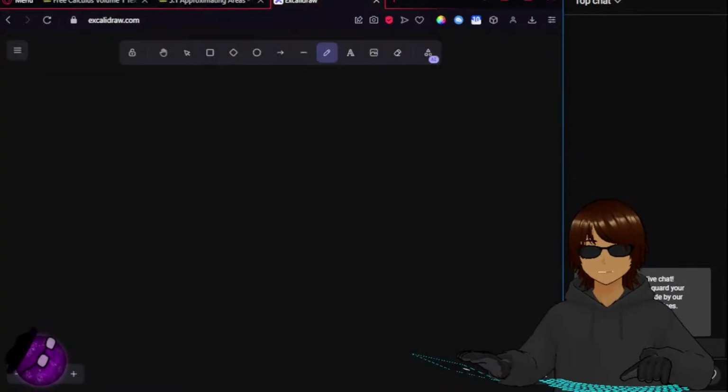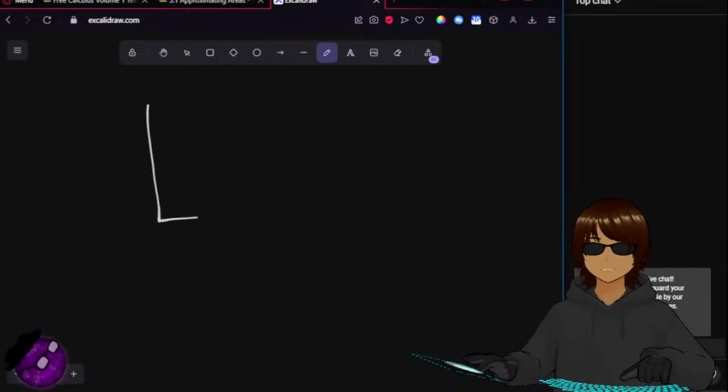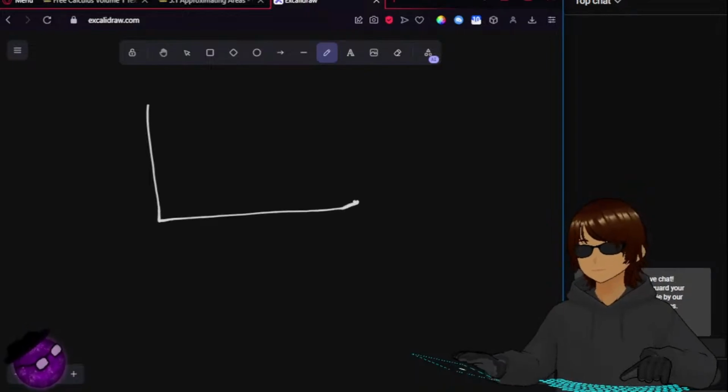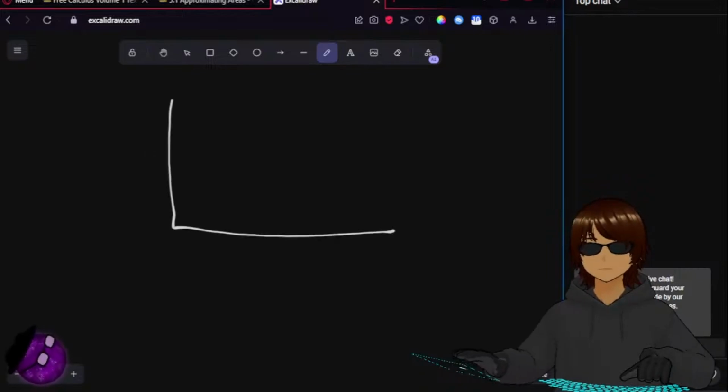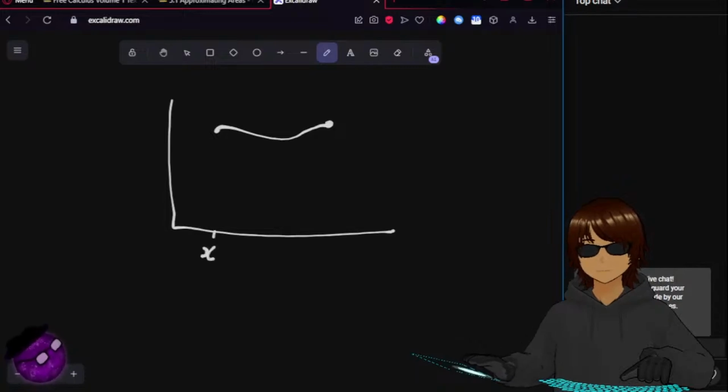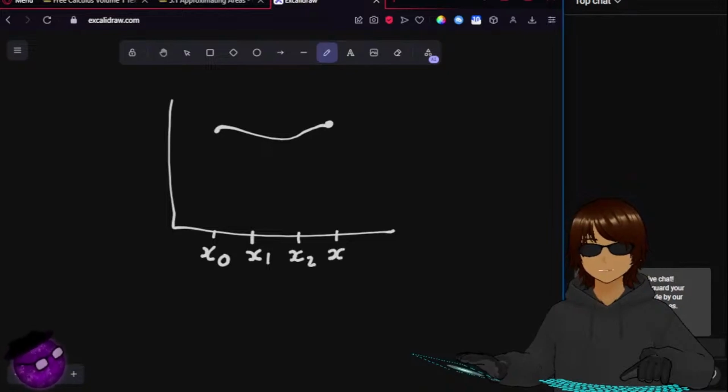Okay, so what they're doing is taking this. That looks horrible. So this would be x0, and then this would be x1, x2, and then x3.